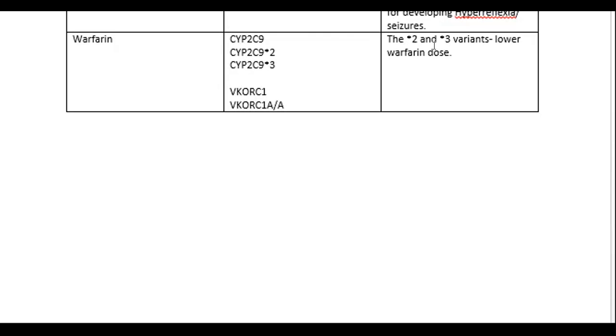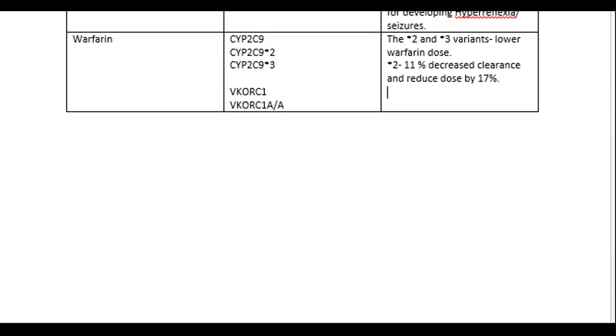Let us go through it in more detail. In the star 2 variant, there is 11% decreased clearance, and so we should reduce the dose by 17%.